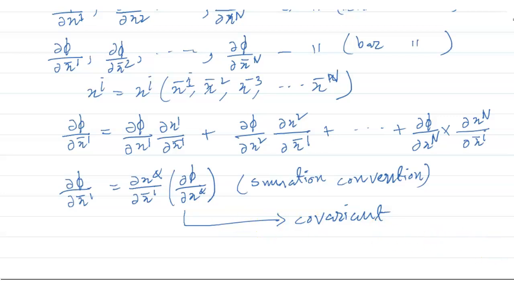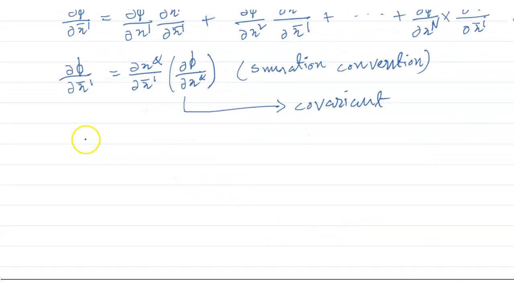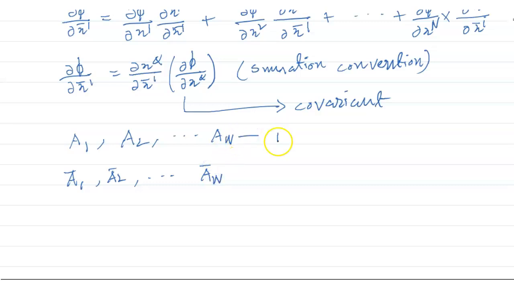Now friends, take some components A1, A2, up to An and A bar 1, A bar 2, up to A bar n. This is the unbarred component, and this is the bar coordinate.